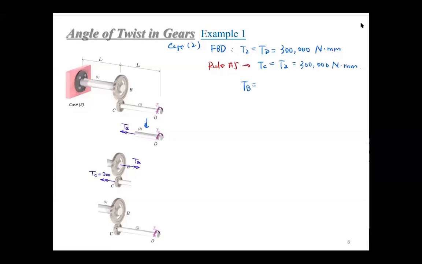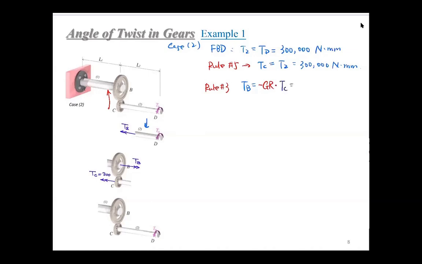From TC to TB, the 2 gears are directly connected, so we can define a gear ratio. This is our rule number 3. TB will be, just from C to B, we use the golden rule, we ignore the direction, so we just use a negative gear ratio times TC.